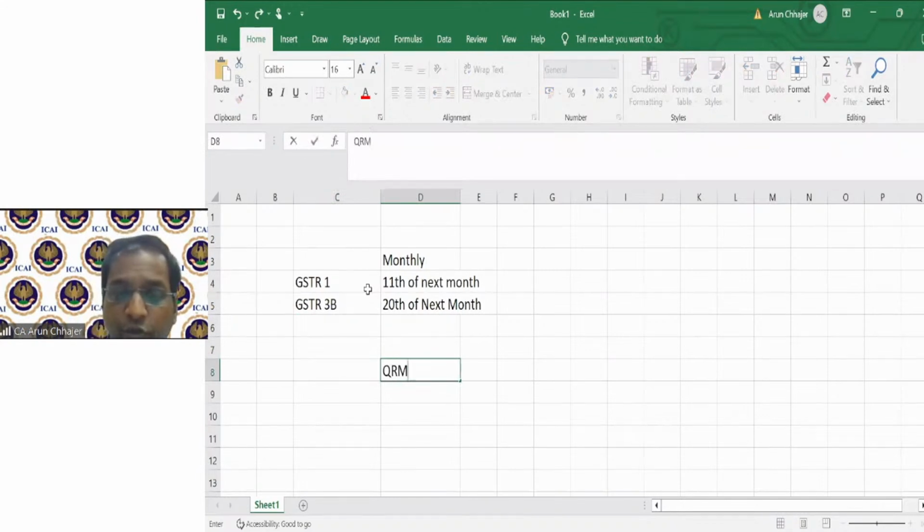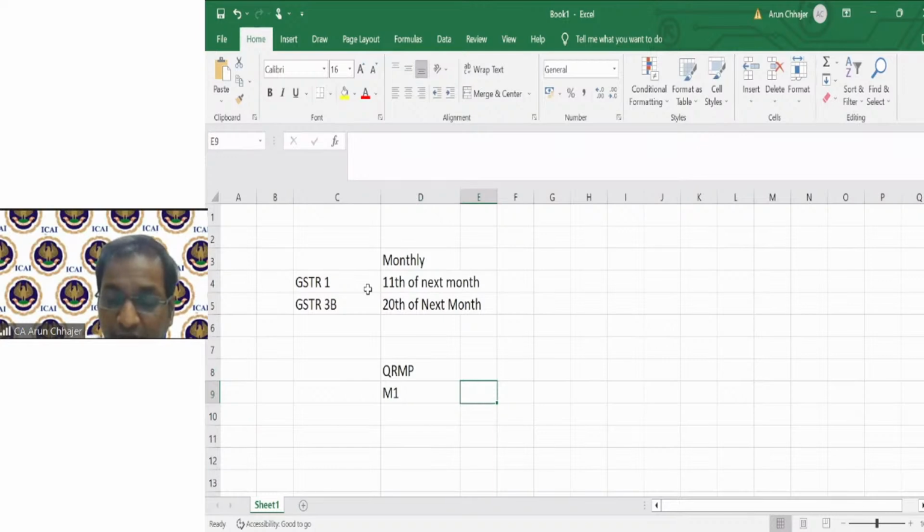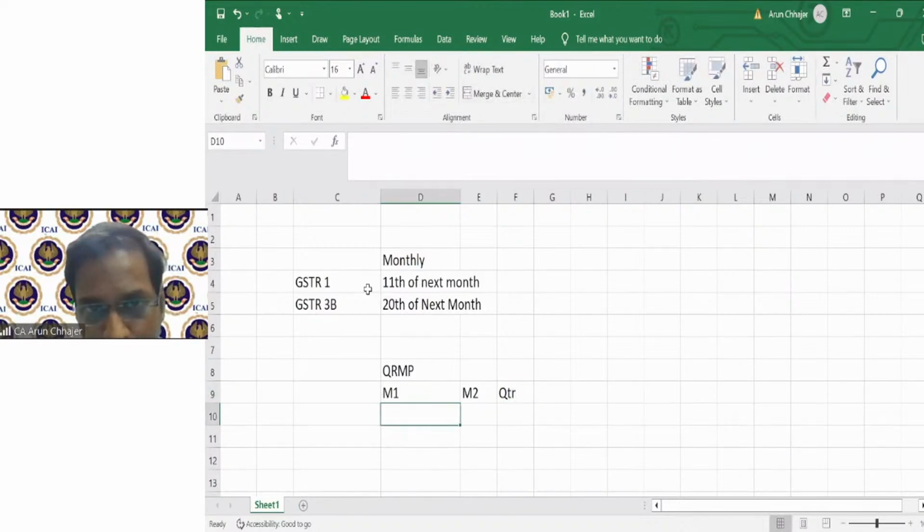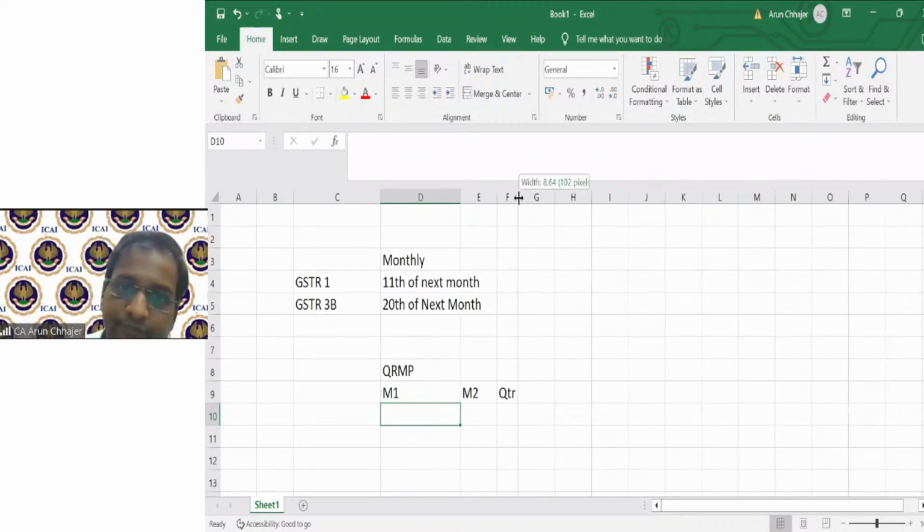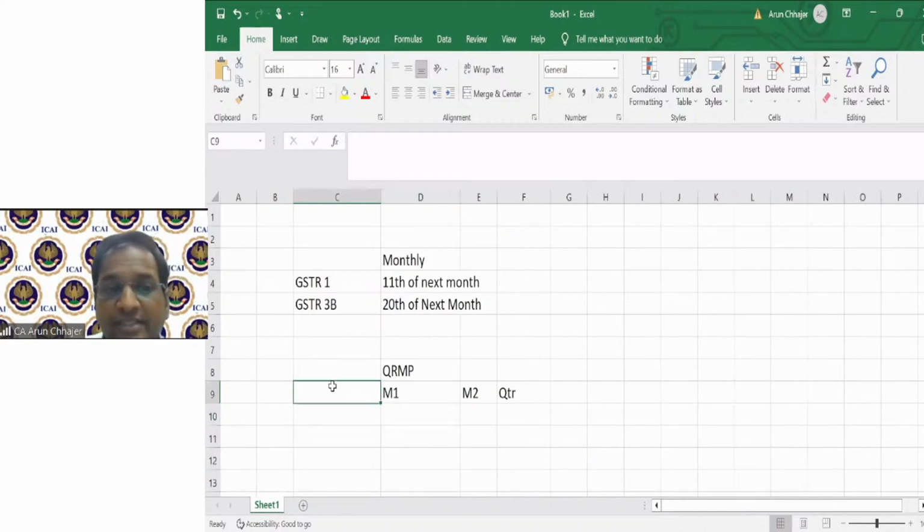Suppose I have opted QRMP, then there would be some frequency for M1, there would be some frequency for M2, and something for the quarter. So first tell me whether applicable or not.